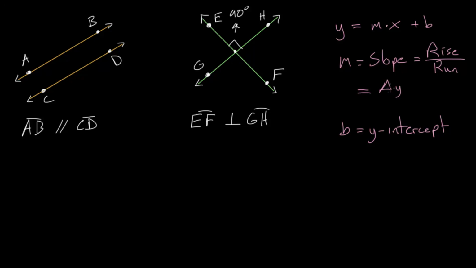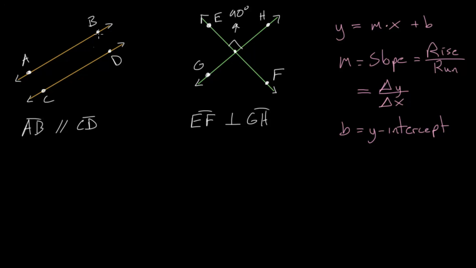Remember when you see this delta here, that this just means change in. So the change in the y values divided by how much the x values change, or the change in the x values. Whereas the change in the y values we call the rise, and the change in the x values we call that the run. So this is one way to write the equation of a line.